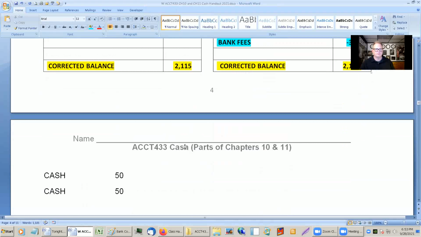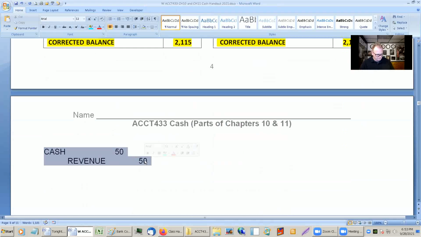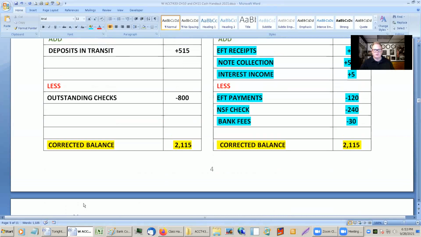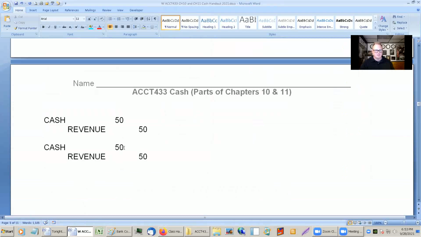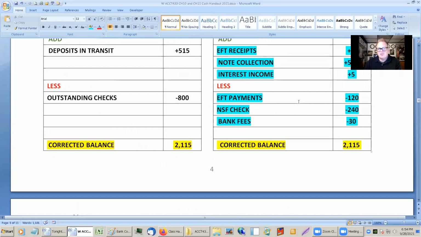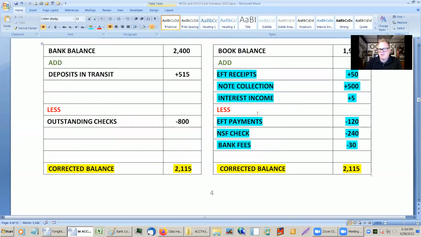So up here, where's the note for? So this would be 500. See note payable. So you make journal entries for all of these on this side to correct your books.